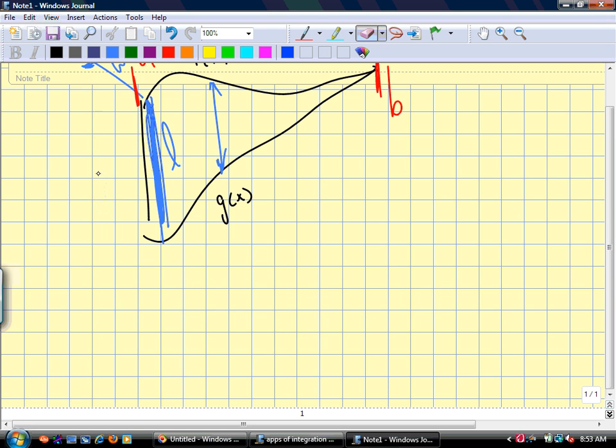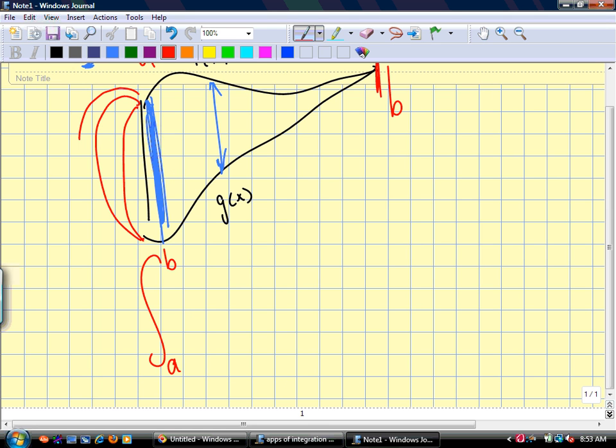I build a circle. Or a cylinder, actually. Yeah, I know I can't draw. So, it's going to be the integral from A to B, and then how do we find out the area of a circle, or half a circle?